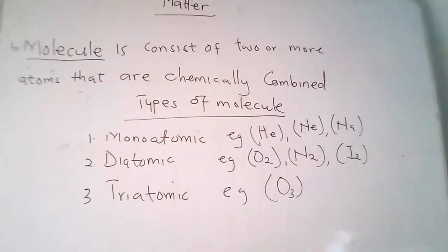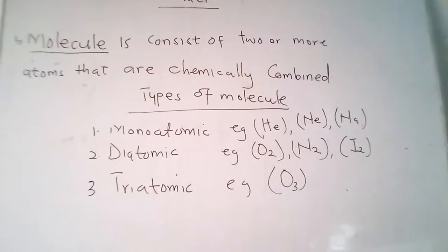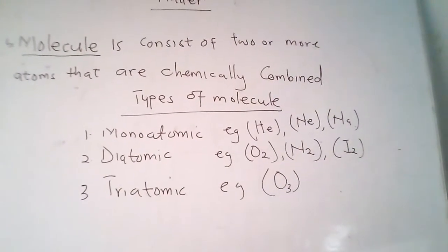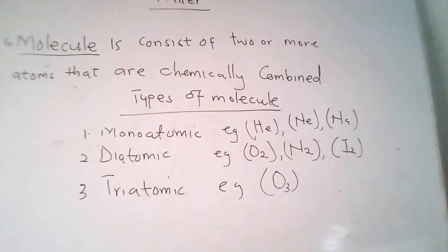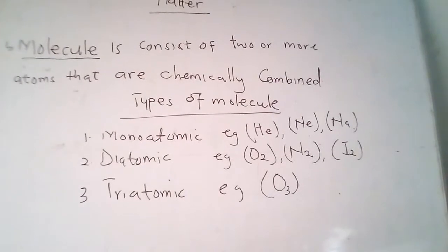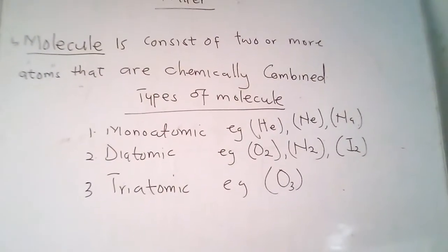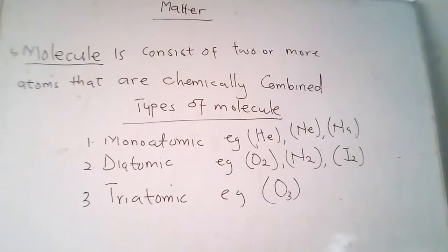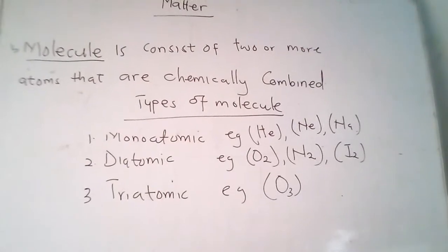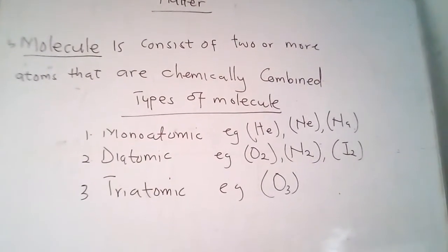And then a molecule is said to be a diatomic when it contains two atoms: oxygen gas, O2, nitrogen gas, N2, and iodine gas, I2. This one, chlorine gas, Cl2, is an example of a diatomic. They contain two atoms. A molecule is said to be triatomic when it contains three atoms, and a typical example is the ozone. So ozone is what? O3.